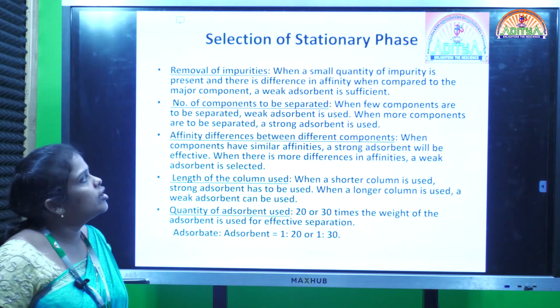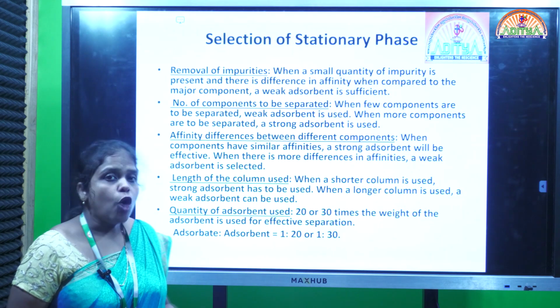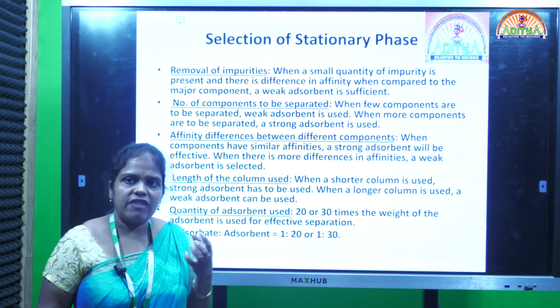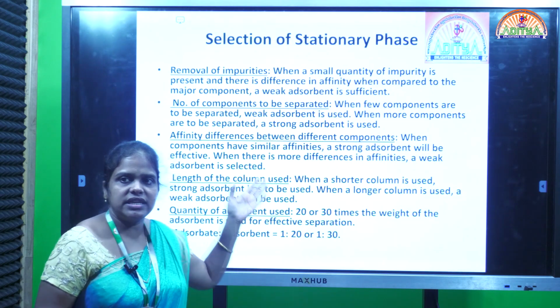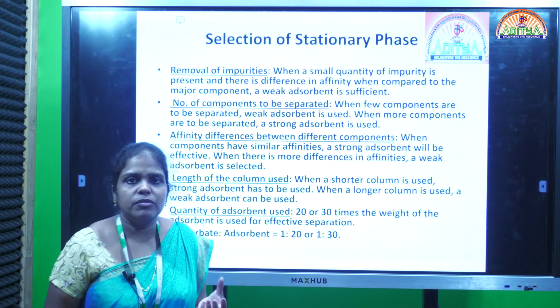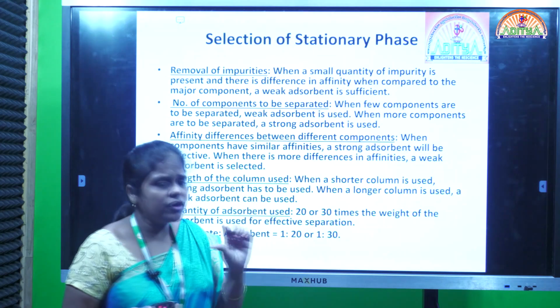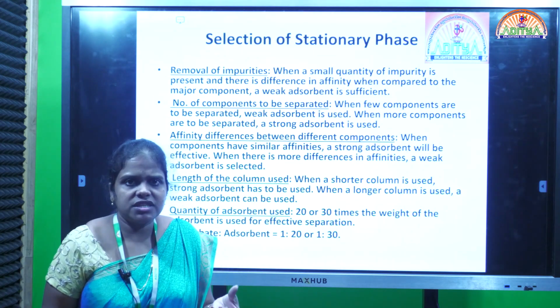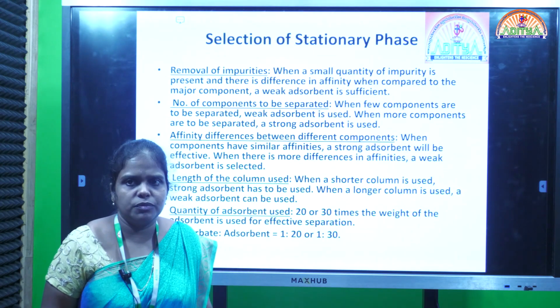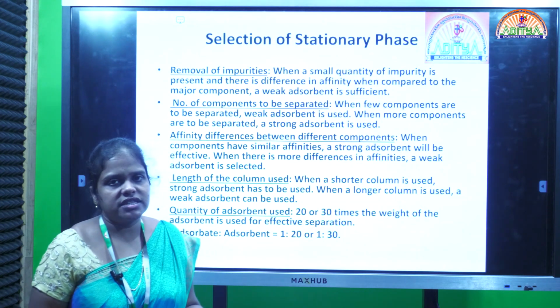First of all, removal of impurities. Whenever we are using a stationary phase, how much amount we have to use depends upon these characteristics. For example, if you are identifying different types of impurities present in a chemical compound, if there is a very small amount of impurities, a small amount of stationary phase is sufficient to remove those impurities. If so many impurities are there in that compound, more stationary phase is used.